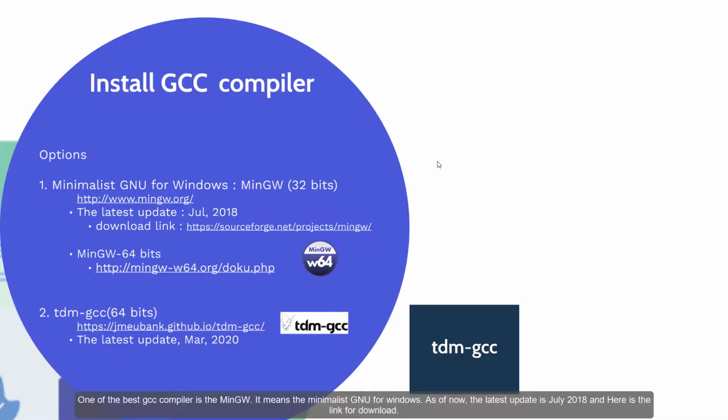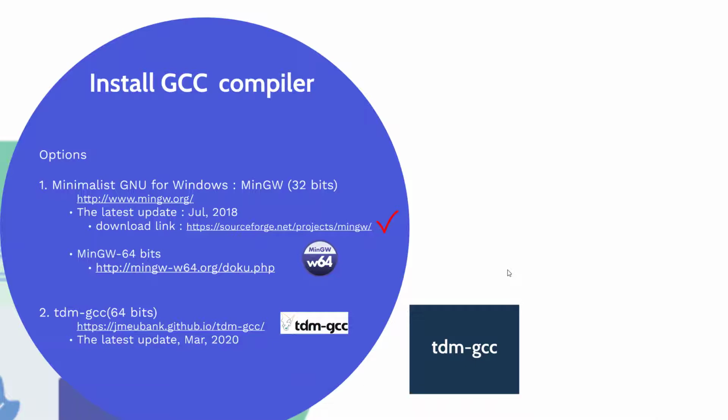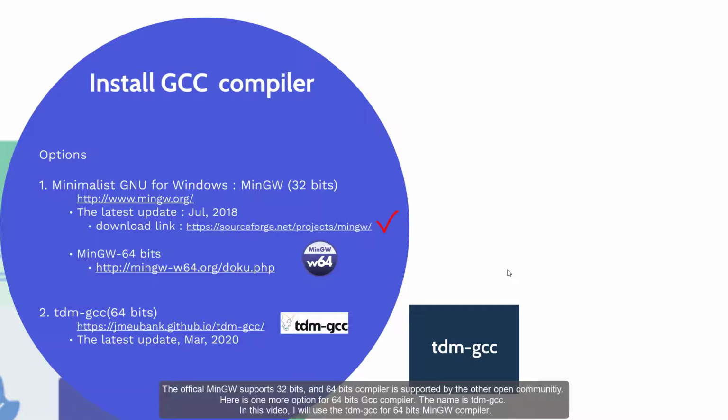One of the best GCC compilers is MinGW. It means Minimalist GNU for Windows. As of now, the latest update is July 2018, and here is the link for download. The official MinGW supports 32-bit, and the 64-bit compiler is supported by other open communities.